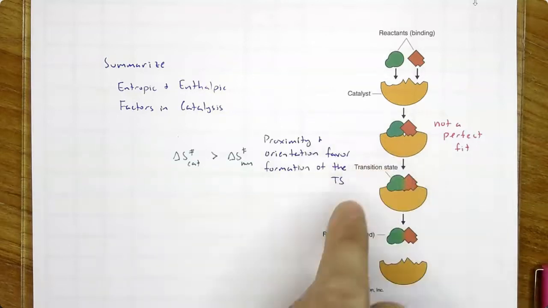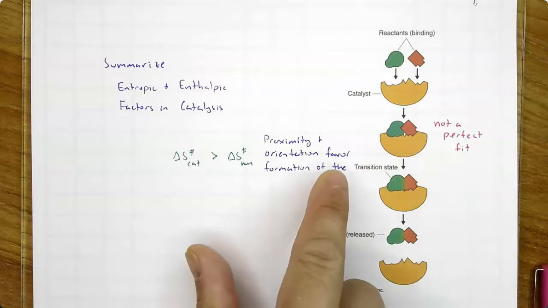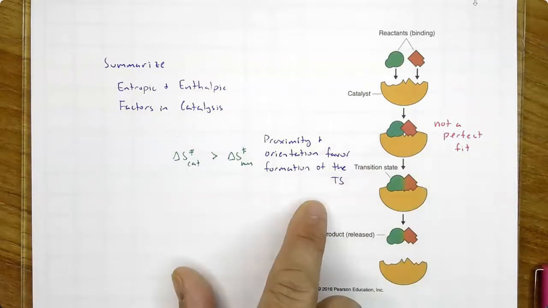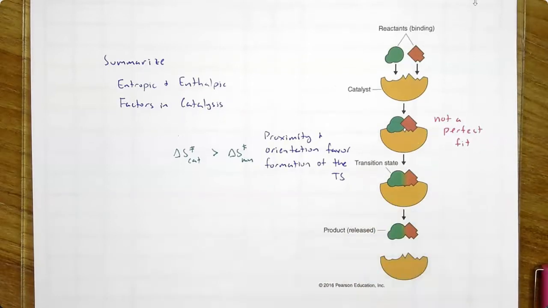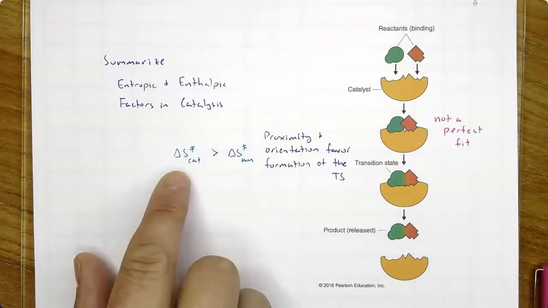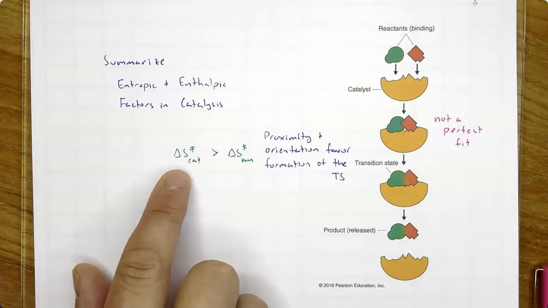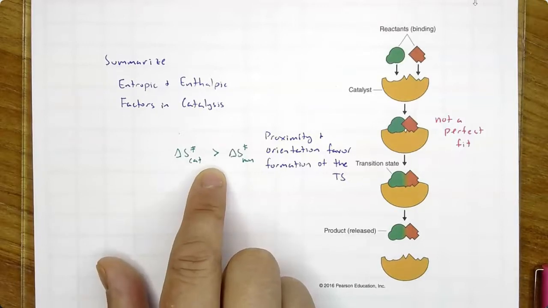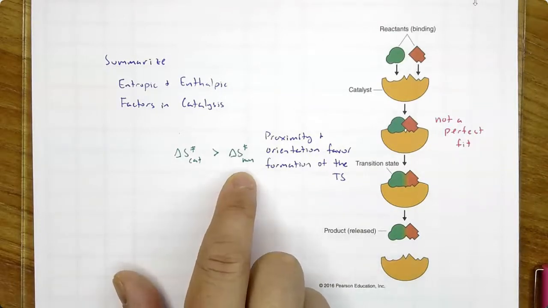Here, the proximity and the orientation that the enzyme puts these two reactants in favor the formation of the transition state. And what that results in is that the delta S of the transition state, when it's catalyzed, is much greater than the delta S of the transition state when it's not catalyzed.